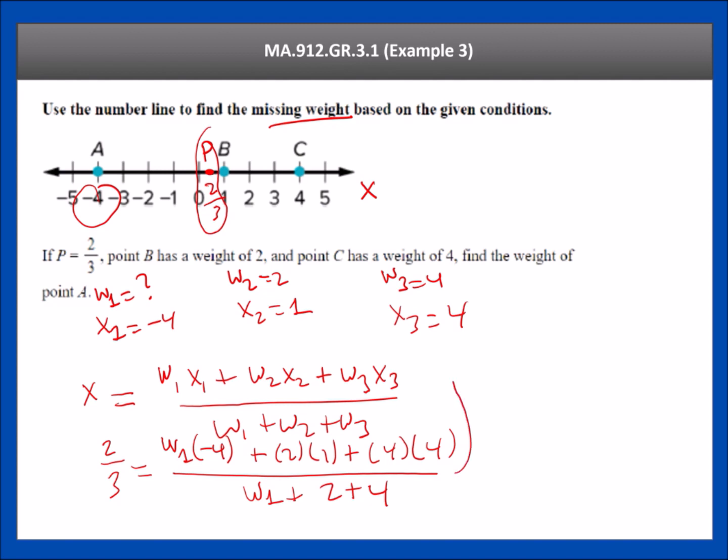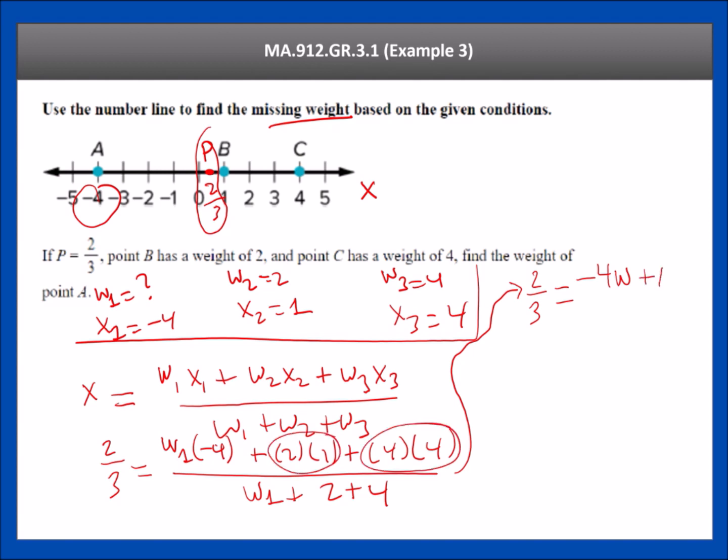All right, so let's do some math over here. So we got 2/3 equals -4W plus, now this is 2 and this is 16, so that gives me 18. And then we have, this is going to be 6 right here. So W1, let's just call this W1.